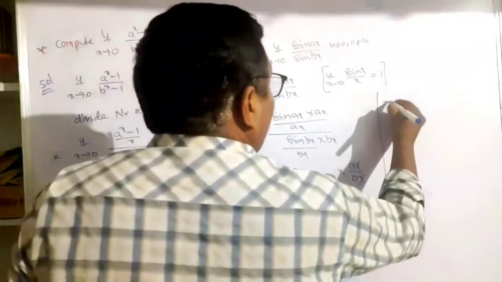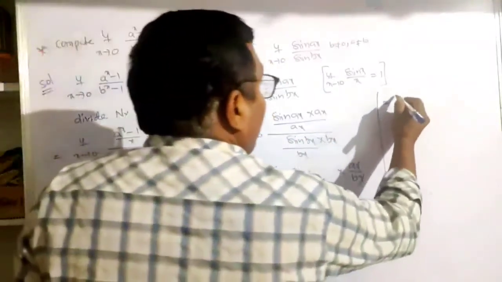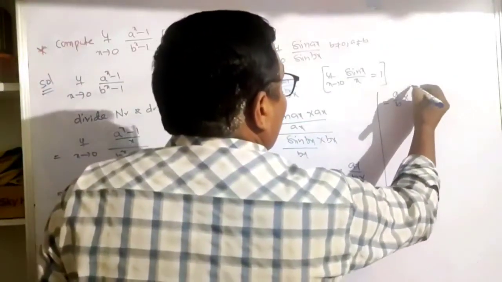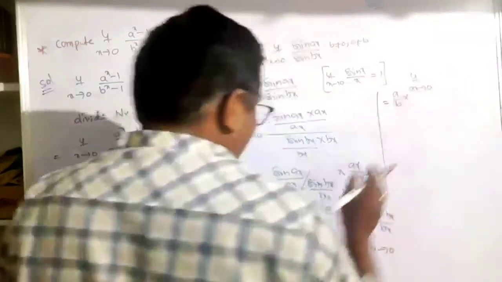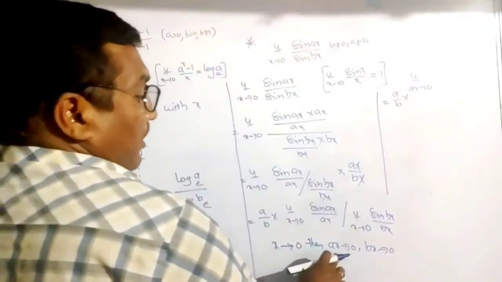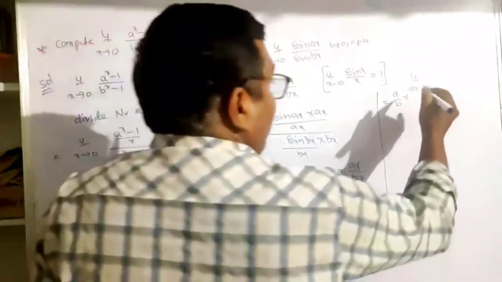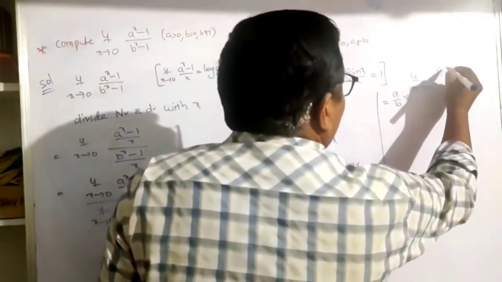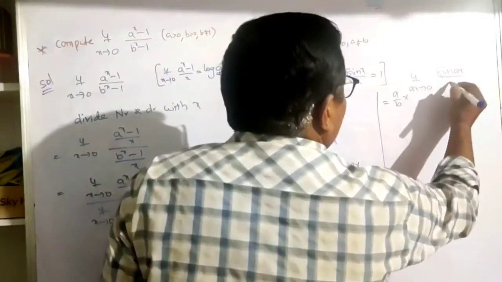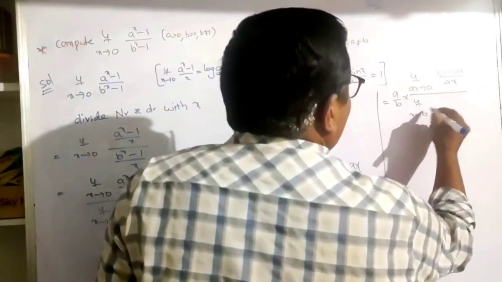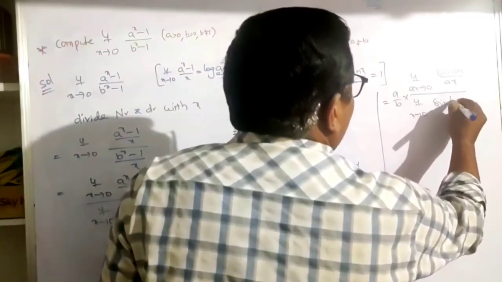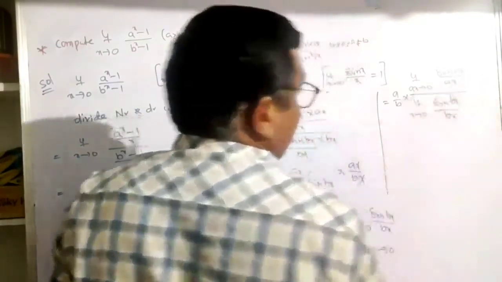Here it is equal to a by b into limit ax tending to 0, because when x tends to 0, ax also tends to 0, into sin ax by ax, and limit x tending to 0 of sin bx by bx.